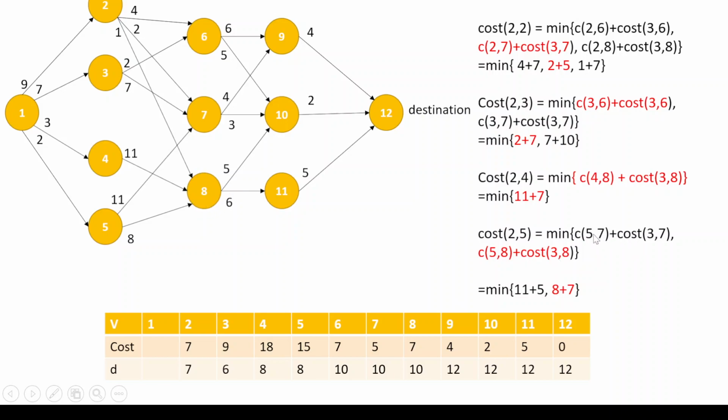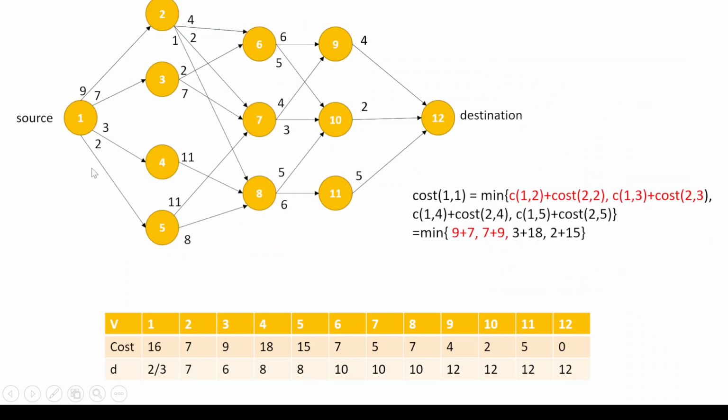Substituting, C of 5,7 is 11 and the cost of node 7 is 5, so 11 plus 5 is 16. The weight of 5,8 is 8 and the cost of node 8 is 7, so 8 plus 7 is 15. The minimum of 16 and 15 is 15. 15 is smaller. Who is contributing? Node number 8 is contributing for node 5. So we'll write 15, and 8 is contributing.